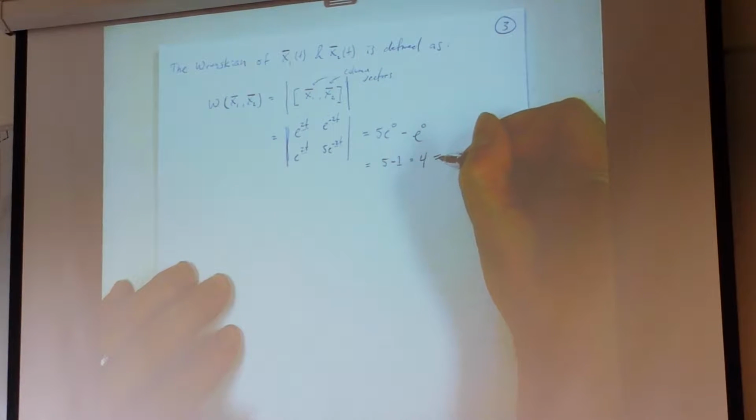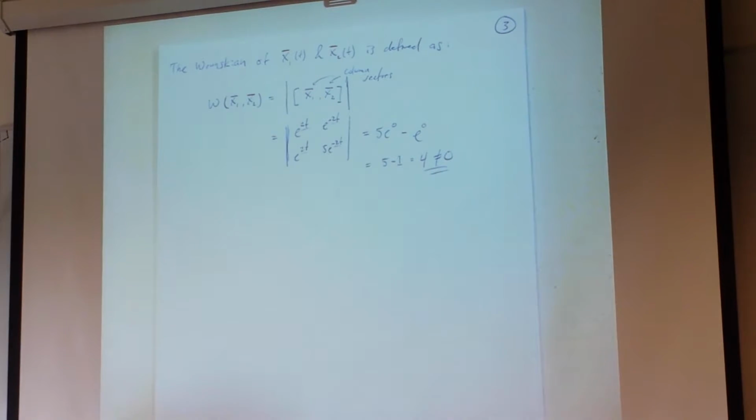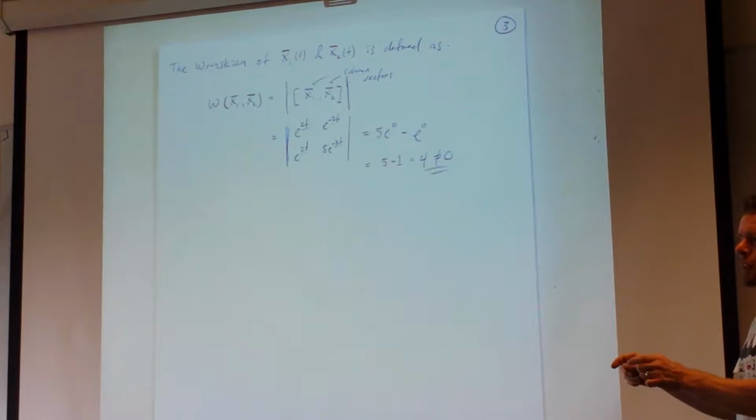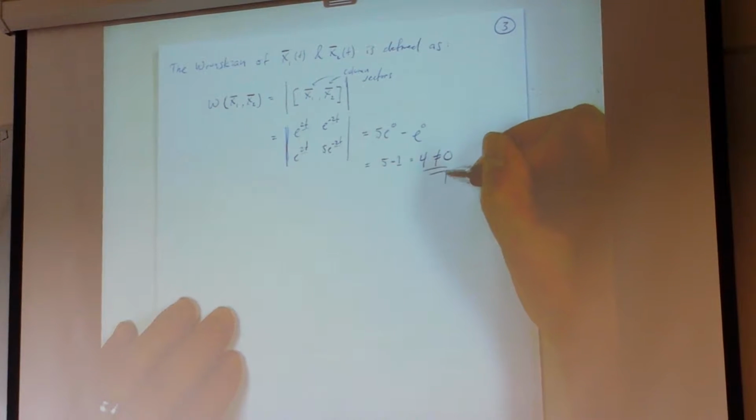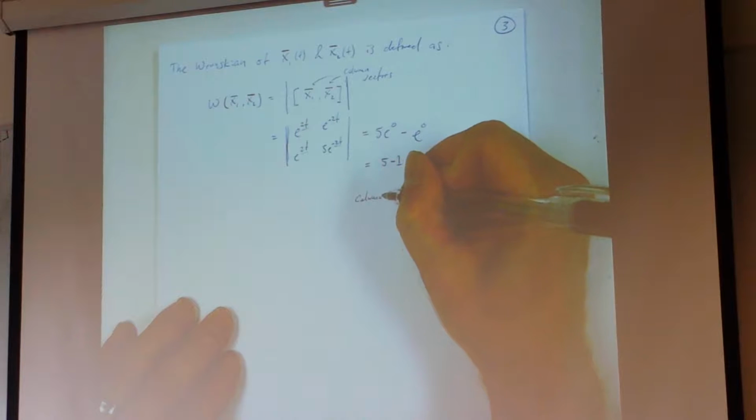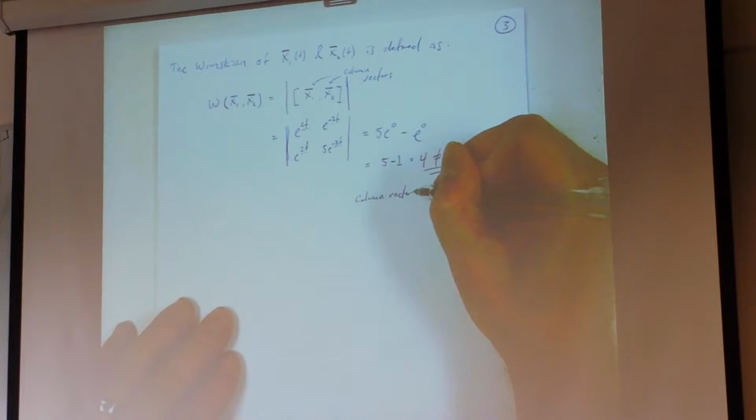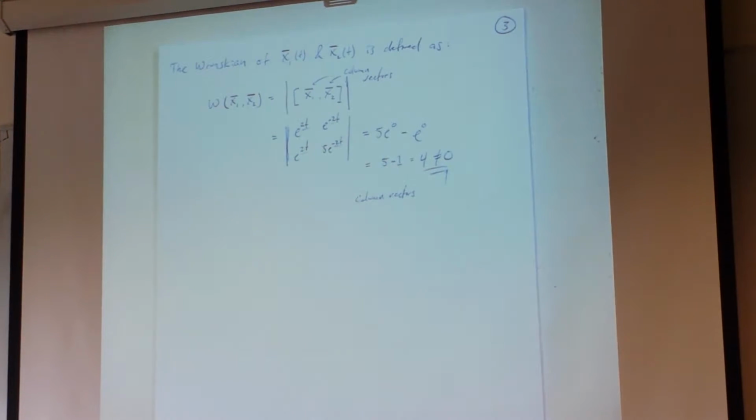And that's not 0. What does it tell us if it is 0? If it is 0, then those two column vectors that represent the solutions to the system are linearly dependent. They're not actually distinct solutions. It would be a constant multiple. And 0 means that these column vectors are parallel.